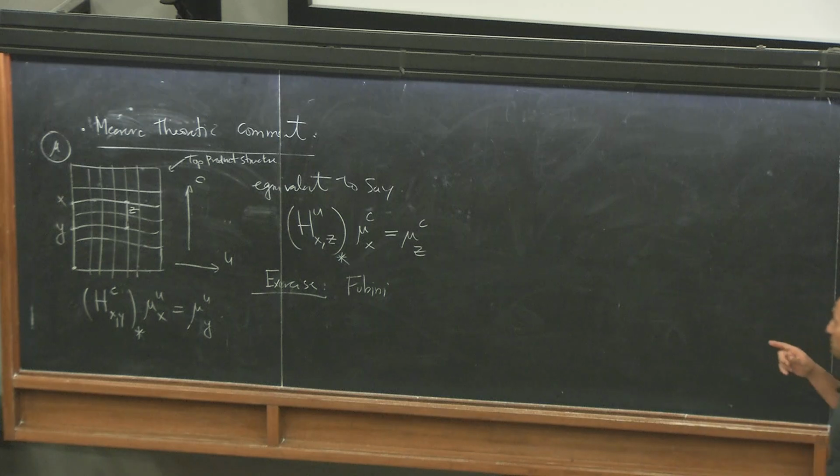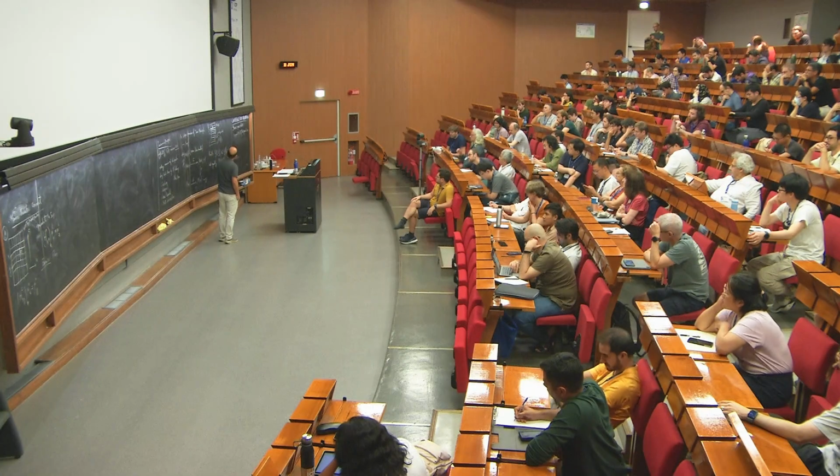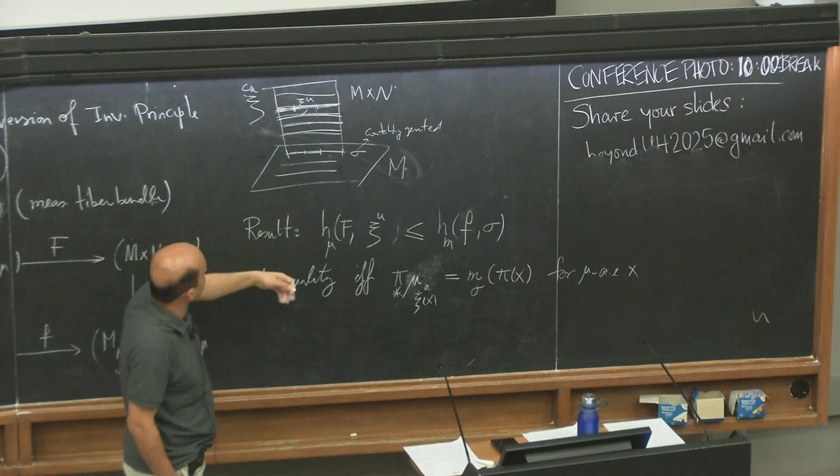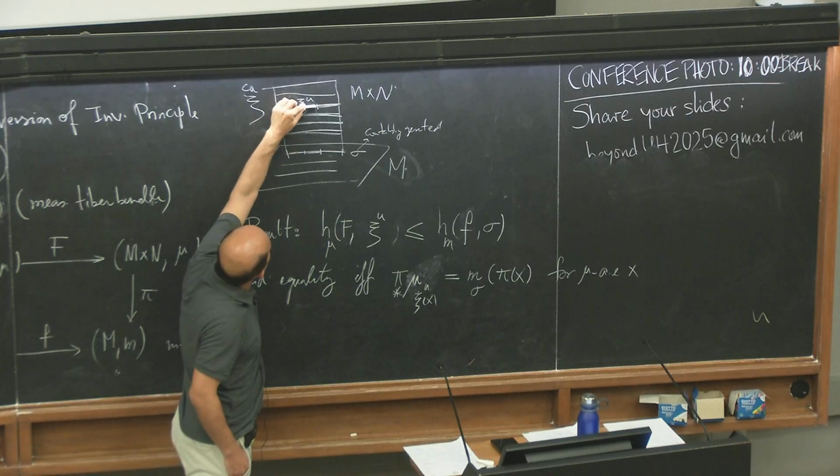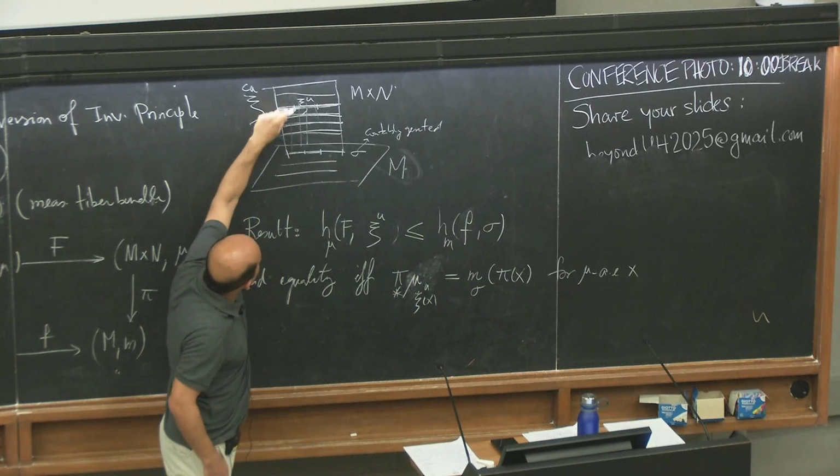So this means that what I announced here: if you have the unstable entropy equal to the entropy downward in the base, then we can prove, in the entropy version of the invariance principle, that the measures on the unstable leaves are invariant by the center holonomy.